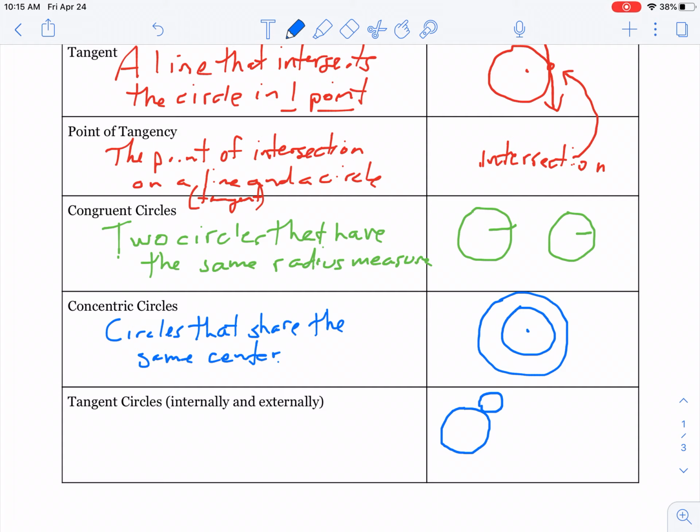And you've got internally tangent circles, where one of the circles actually is inside the other and they only intersect in one point. So this is circles that intersect, just like a tangent line did, at a single point.